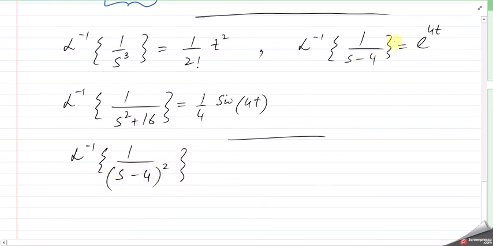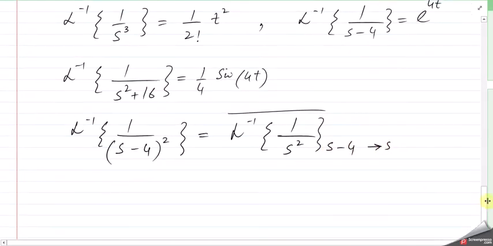Now look at this formula. This is different. 1 over s minus 4, e power 4t. This one tells me that it is the first shift theorem. First I have to shift s minus 4. I have to make it s square. S minus 4 goes to s.